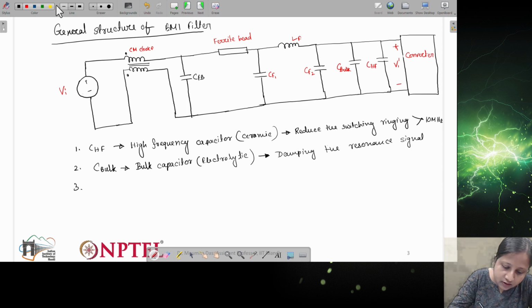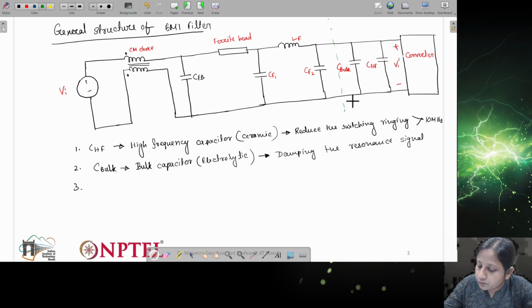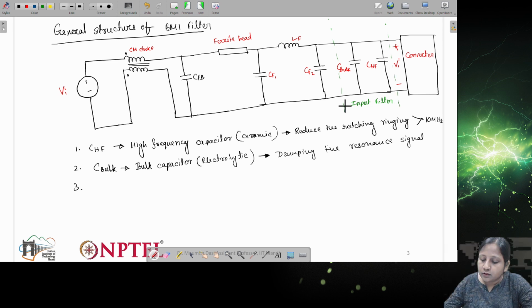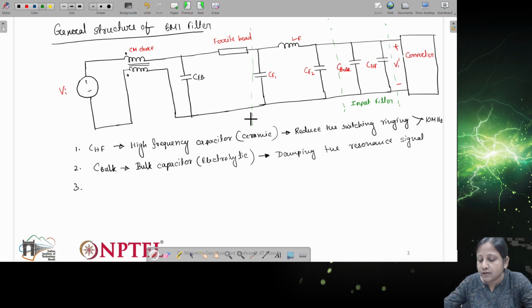Now this part is done. This is, you can say, input filter of the converter. Okay. Now comes this particular part where LF, CF1, CF2 are present.